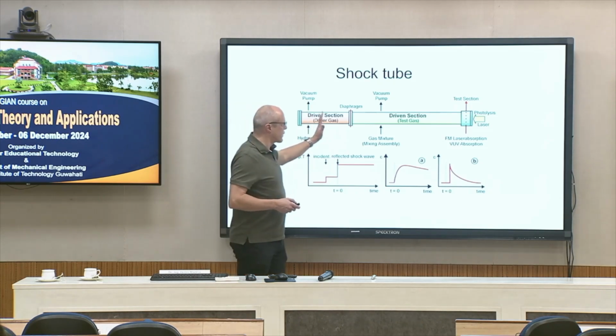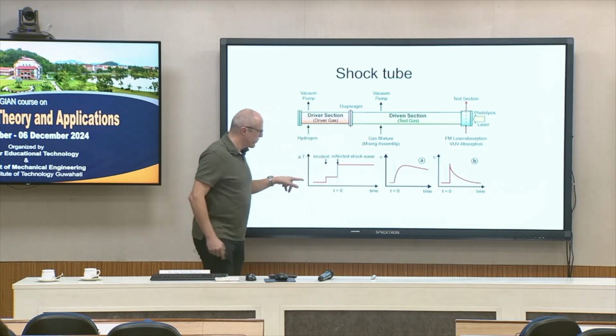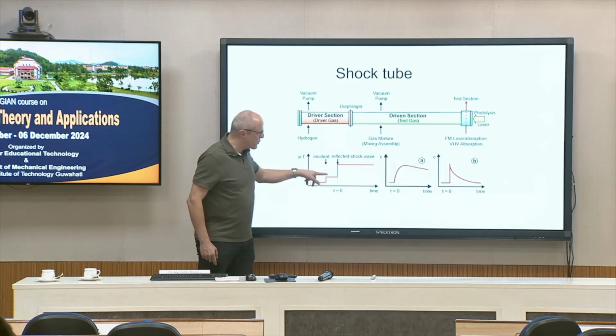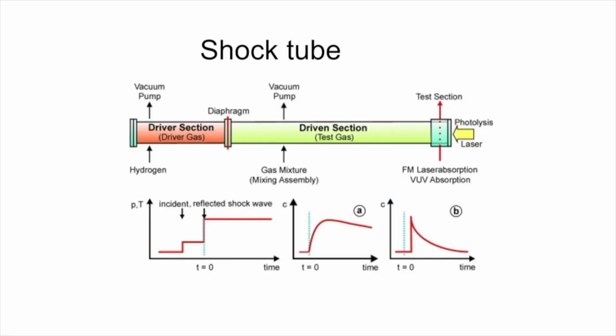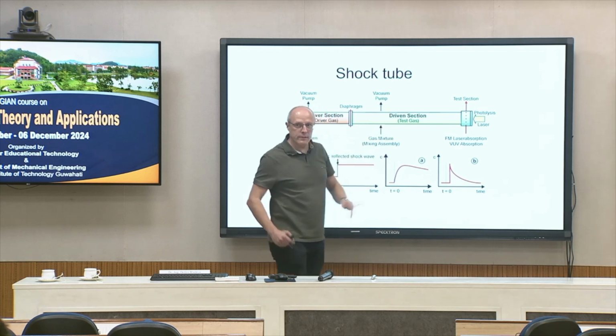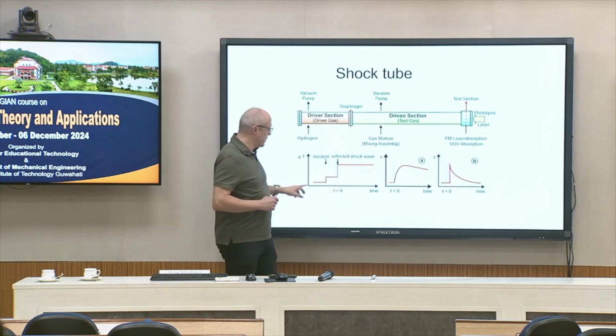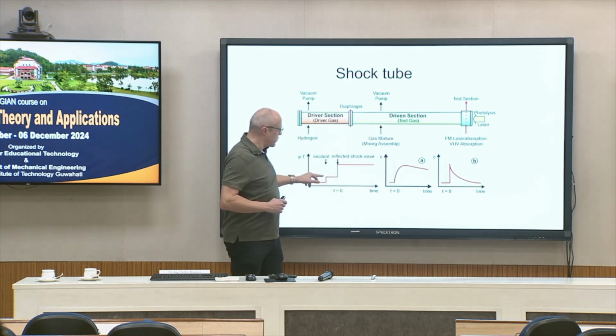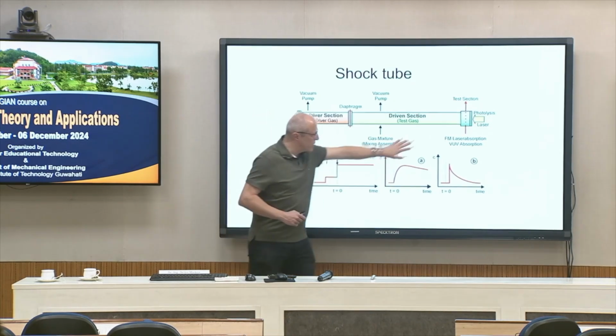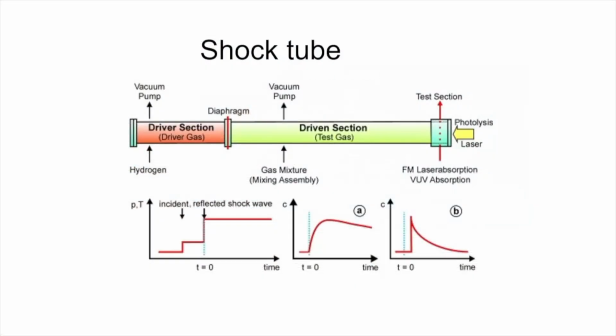So from driver section into driven section. So we have an increase in pressure. So the shock wave moves through this tube, hits the end wall, is reflected, and moves back again. So we have one rise in temperature in this volume at a given time. And after the reflection, we have a second rise in pressure and temperature.